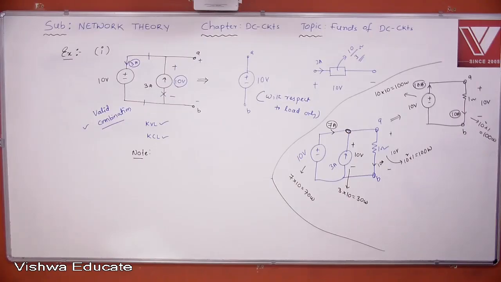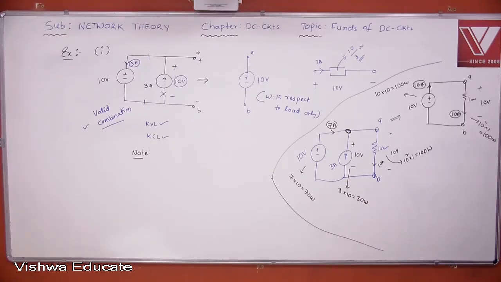Any element parallel to an ideal voltage source can be neglected. But this statement is valid only with respect to load, yes or no? So therefore in bracket you write only with respect to load.